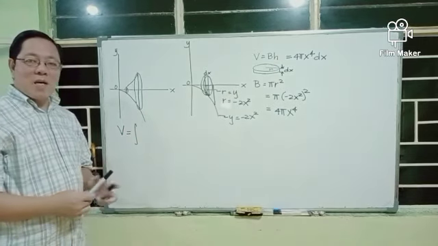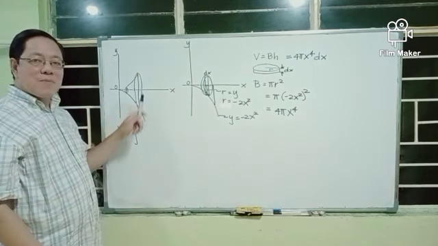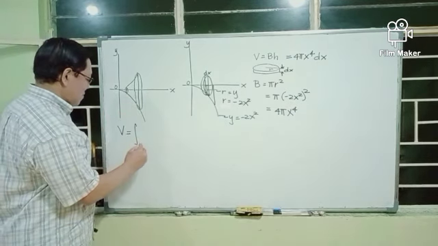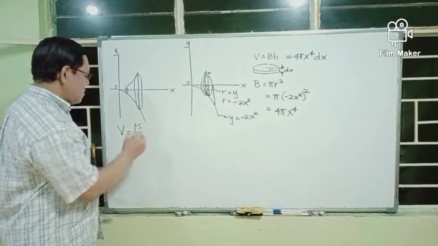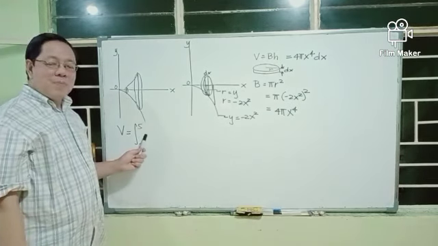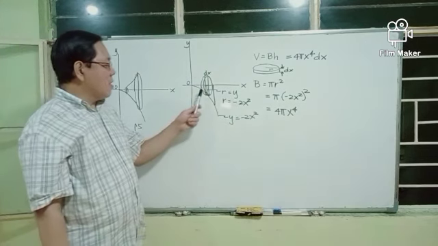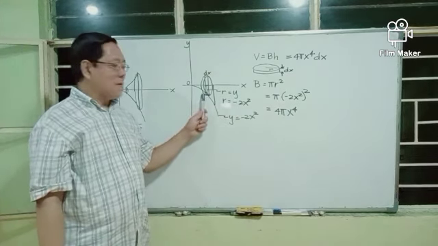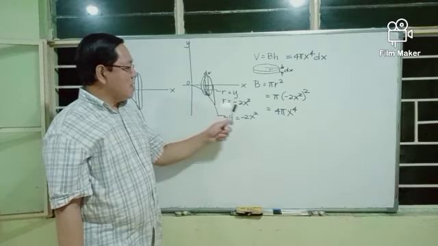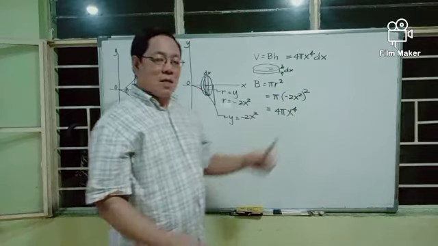We take a rectangular element from x equals 2 to x equals 5. The integral from 2 to 5 of the volume of a disk, and the volume of the disk is given by 4 pi x to the 4 dx.